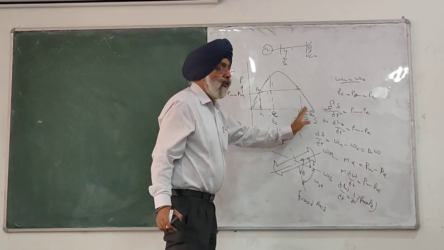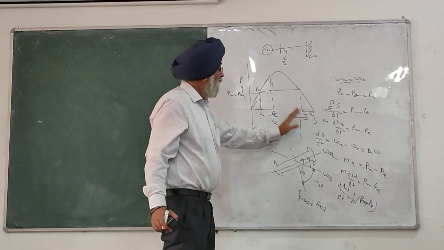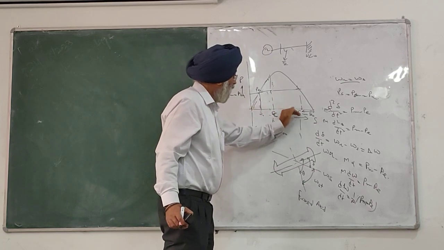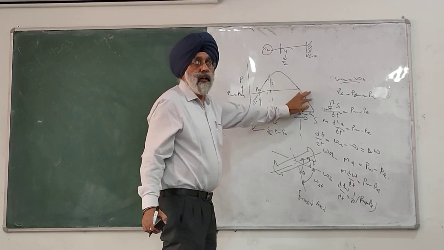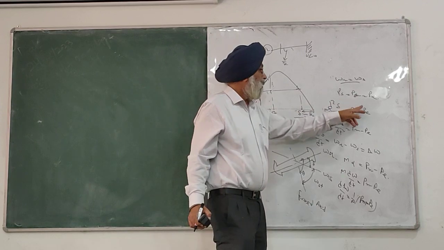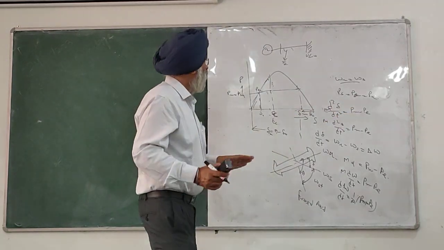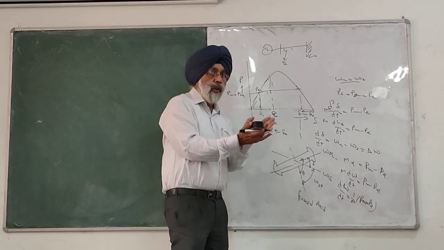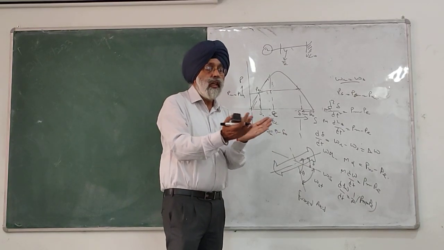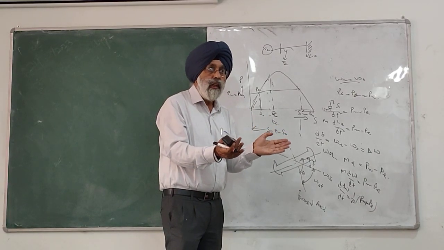What will be the maximum value of delta? We need to find the value of delta and omega from this second order differential equation, because earlier we did not know what the disturbance would be and how long it would remain.